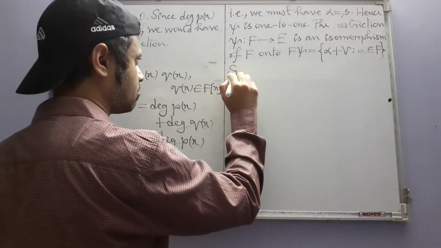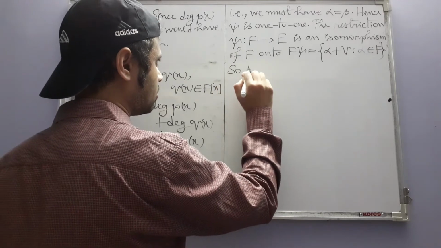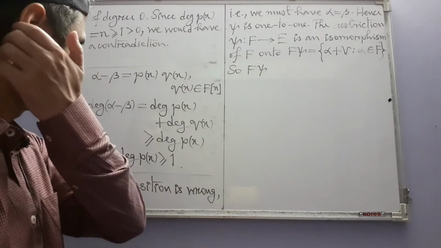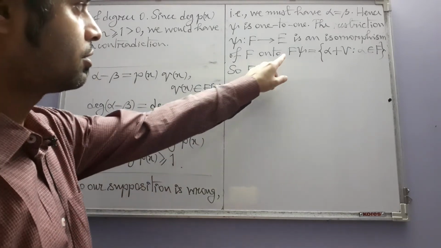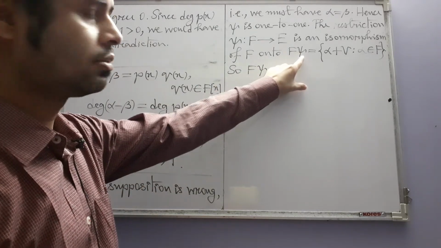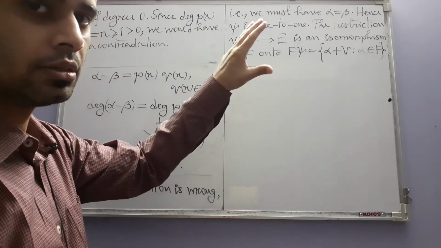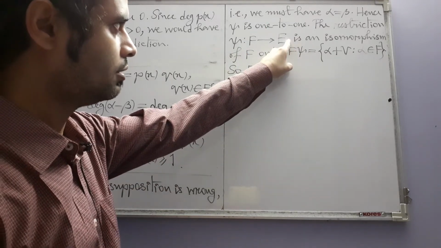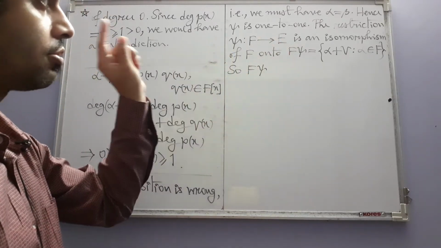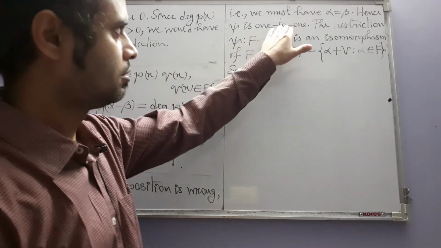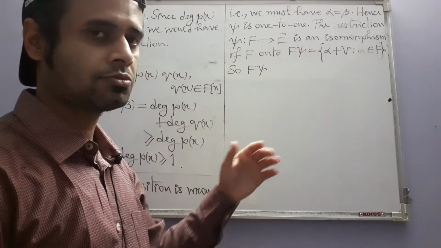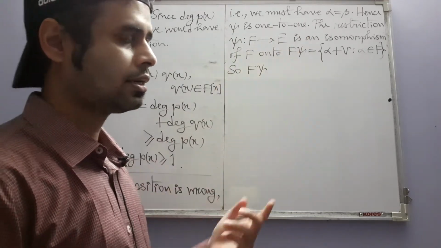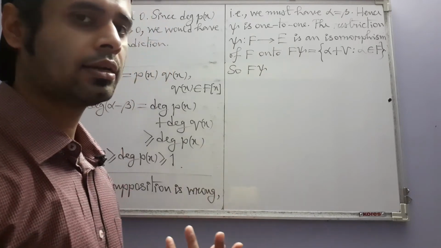So F psi, okay, now note this thing. We have already said that because F psi is the image of a ring homomorphism, F psi itself is a subring of E. But now that is not just any image. Due to this one-to-one nature of psi, that is now an isomorphic image. F and F psi are ring theoretically identical.